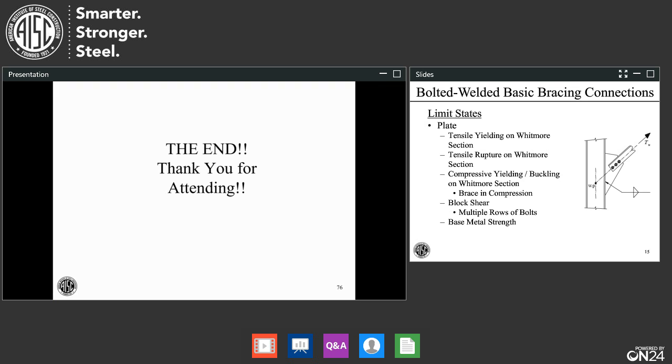So the question is, what if this connection had 3 braces? Perhaps one like the one shown, one that is mirrored from the one shown in the lower right, and one that has a horizontal brace coming off of this gusset plate.